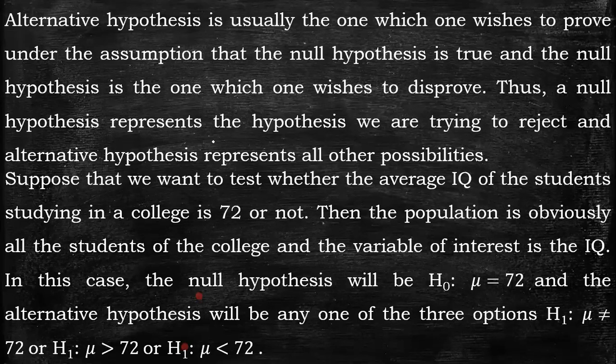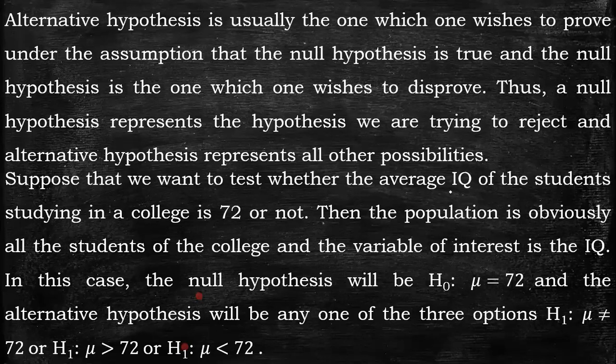Thus, a null hypothesis represents the hypothesis we are trying to reject, and the alternative hypothesis represents all other possibilities, and we are testing for possible rejection.